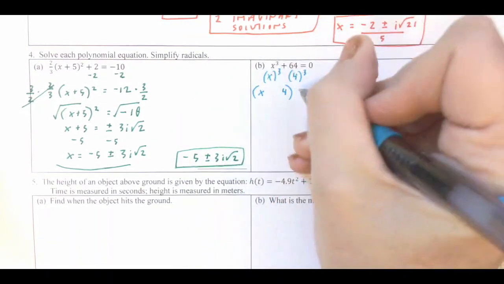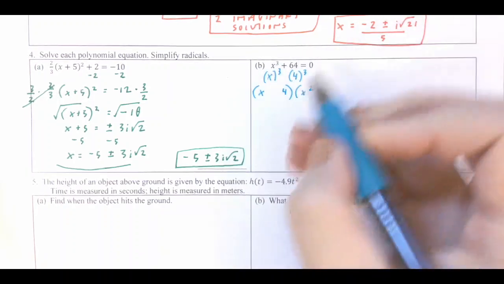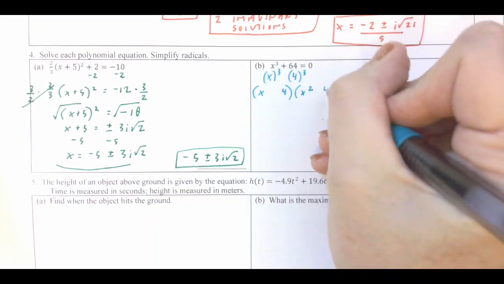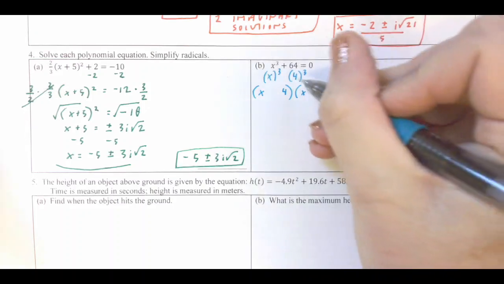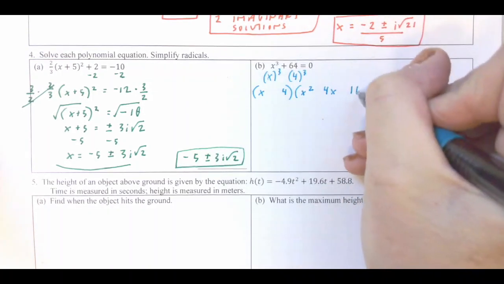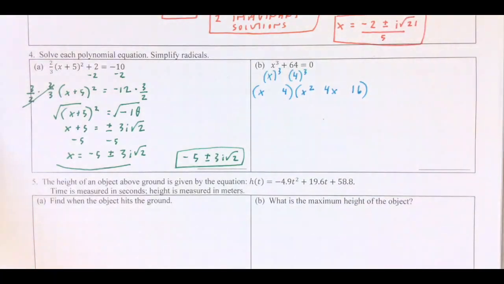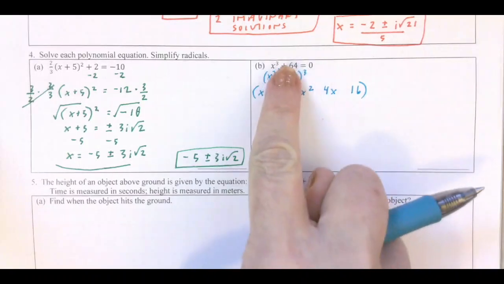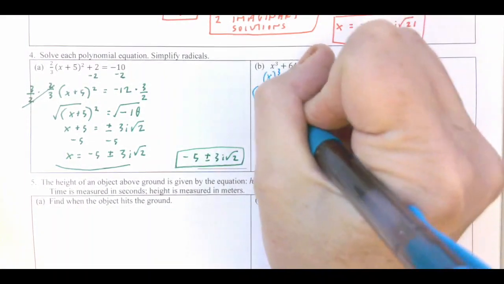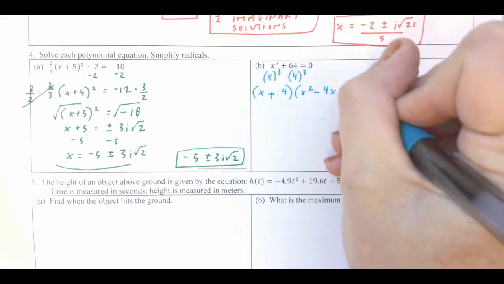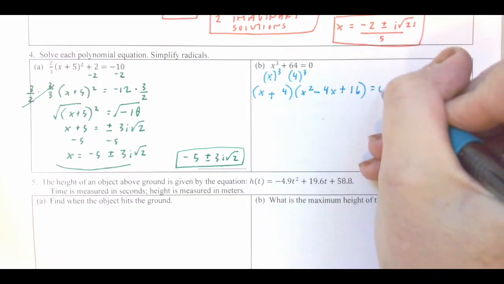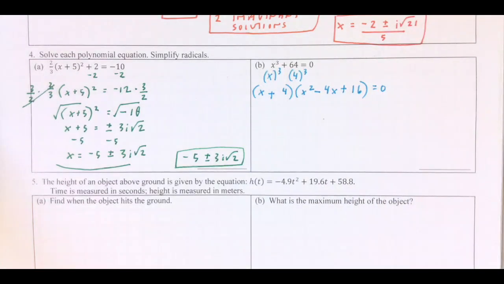The x gets squared. The product of the 2 in the middle, 4x. The 4 gets squared, 16 right here. Then the SOAP: same sign, opposite sign, always positive. All right, that's as factored as I'm going to get.